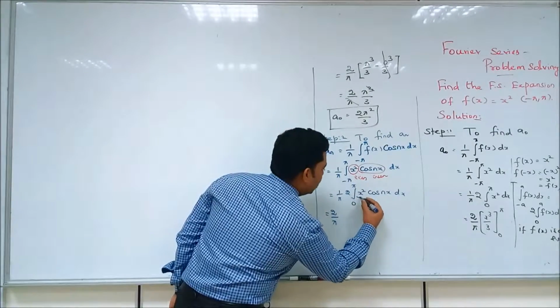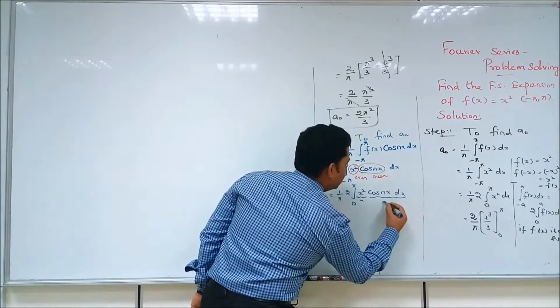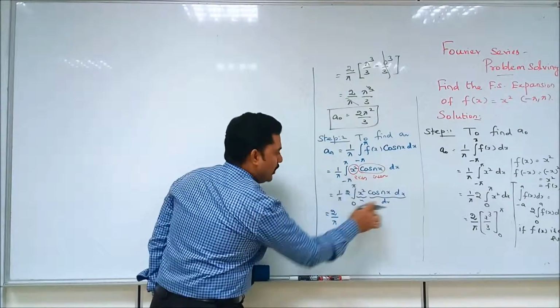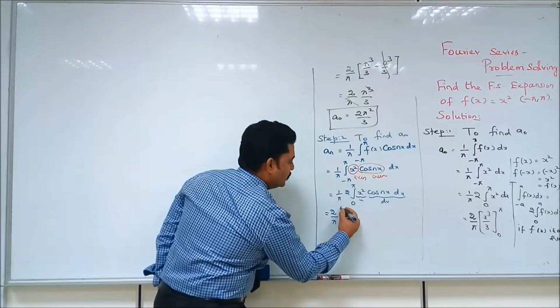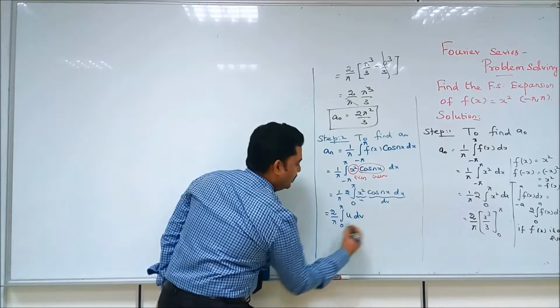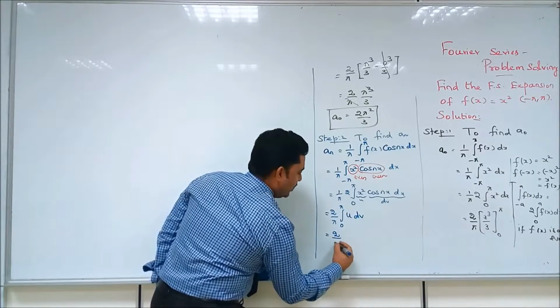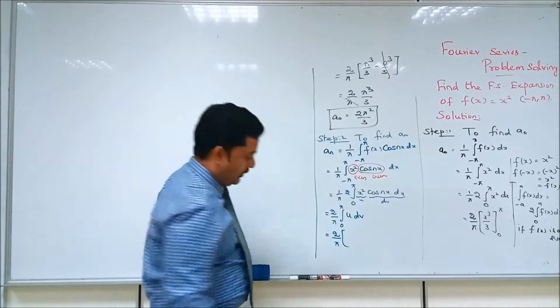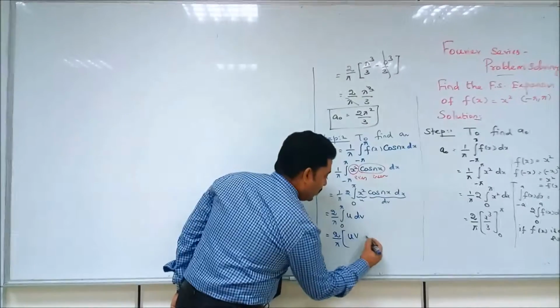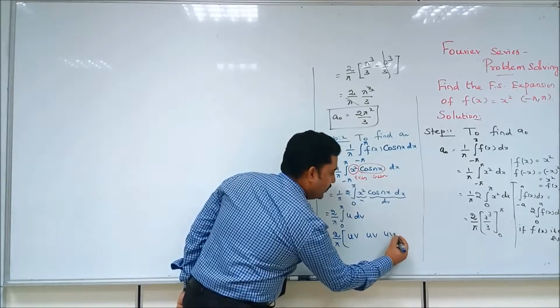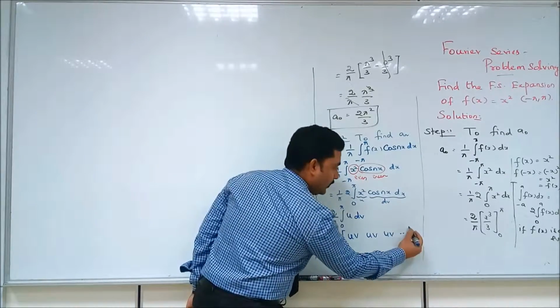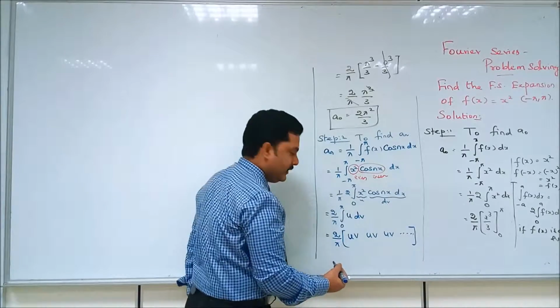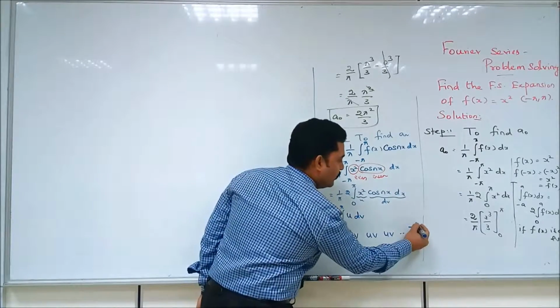Let us take x power 2 as u and cosine nx dx as dv. So now your integral is converted to integral 0 to pi of u dv, which is 2 divided by pi. What is the rule for integral u dv? It is uv, then close your integral and put the limit 0 to pi.